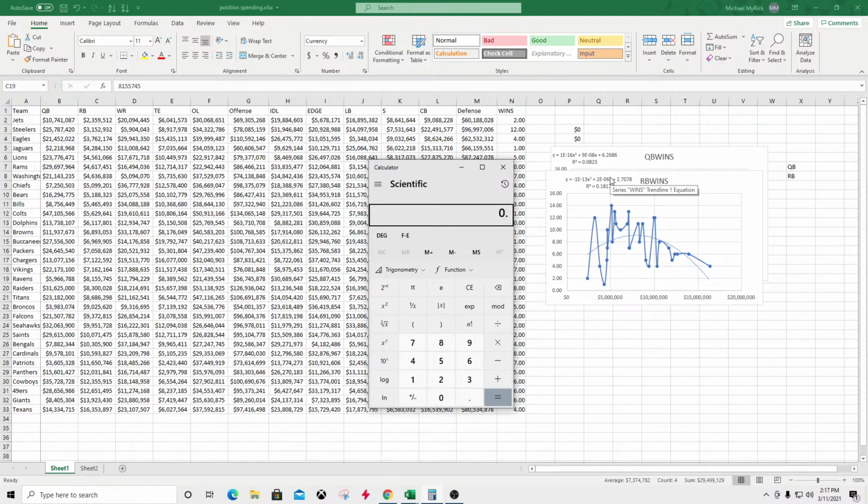So 1, 2, 3, 4, 5, 6, right? Times 2. Divide that by the bottom number.